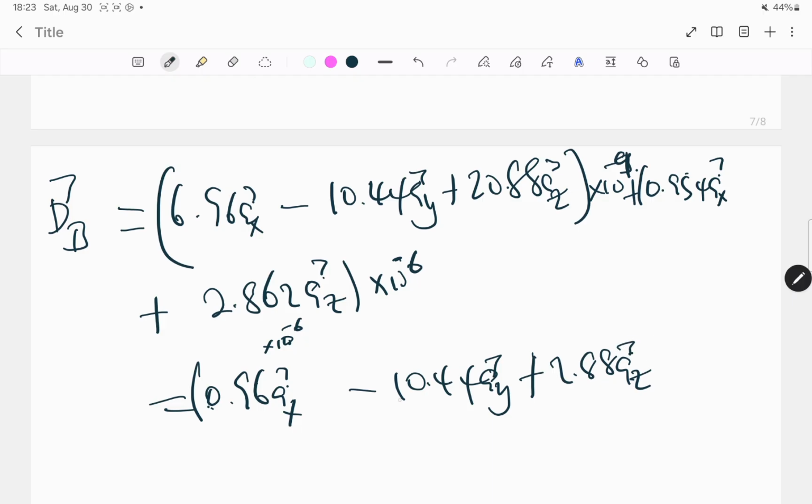So if we make here to be, meaning here will be nano, so this one will be 10 times 10.44 times 10 to the power minus 3.